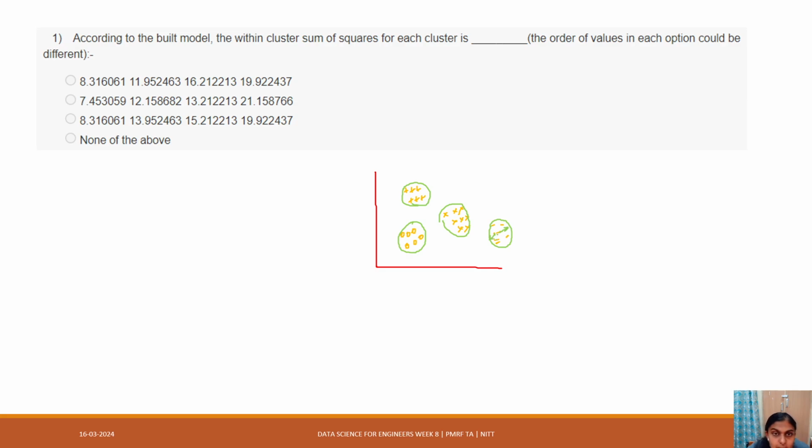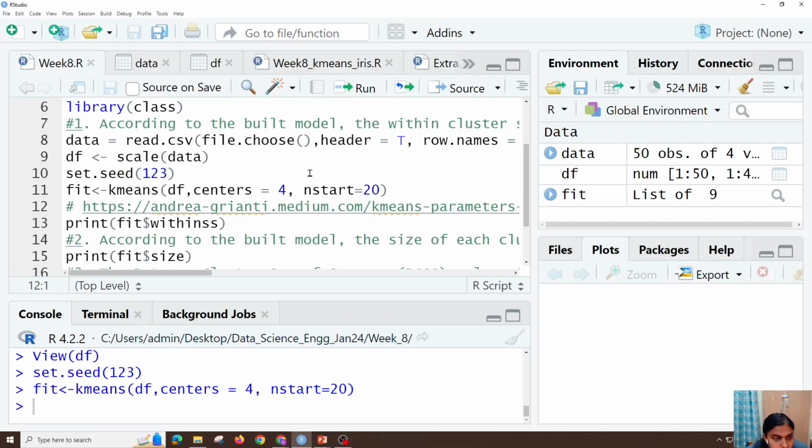So for this, we have fit the k-means model to this particular name fit. So this fit is a k-means clustering model. If you give a particular parameter asking for within SS, that means within cluster sum of squares.